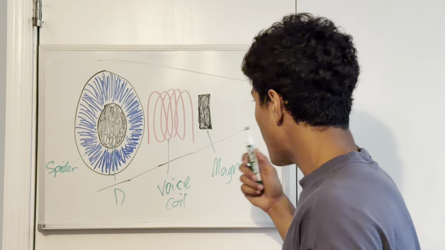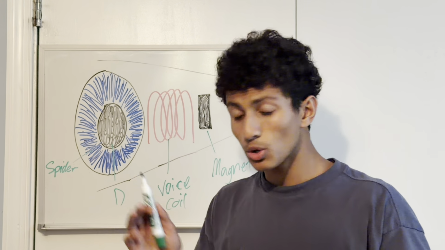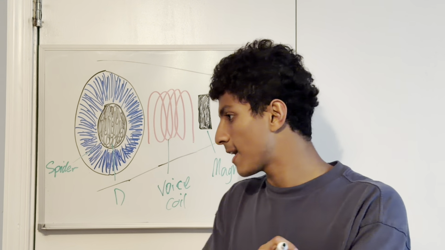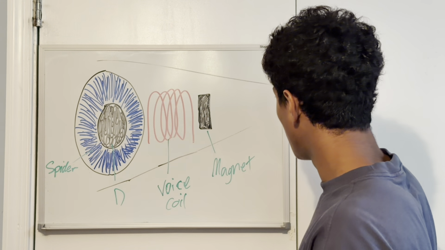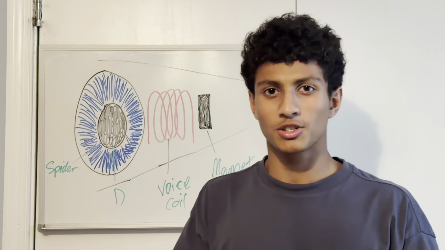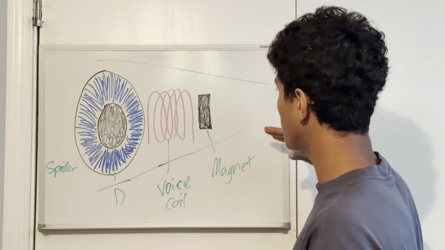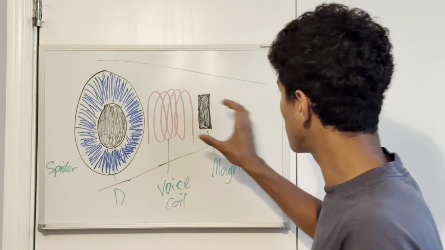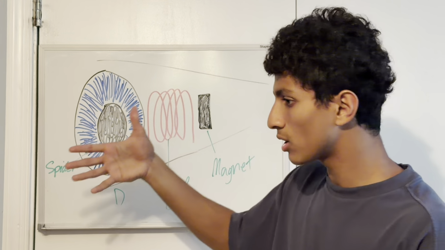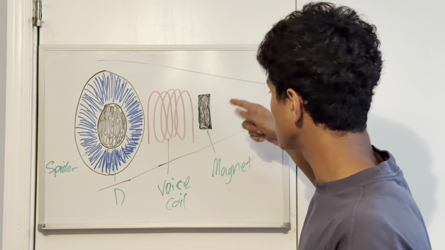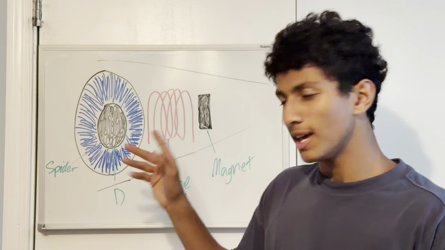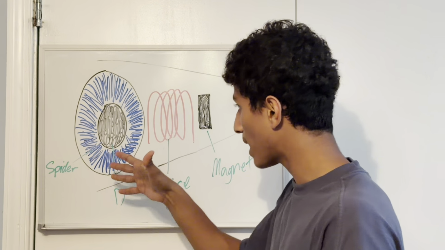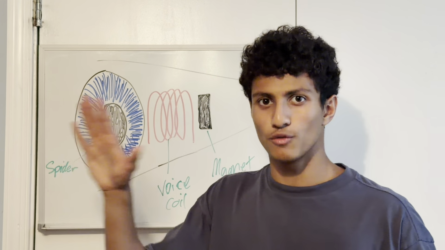Now, the amount of current that passes through is solely determined by whatever audio file we're dealing with. It's reduced to ones and zeros, and those ones and zeros are solely responsible for how much current passes through this voice coil. And as we pass current through here, we have a stronger or weaker magnetic field that causes this magnet to move. This movement inevitably causes the spider and the diaphragm to move as well.